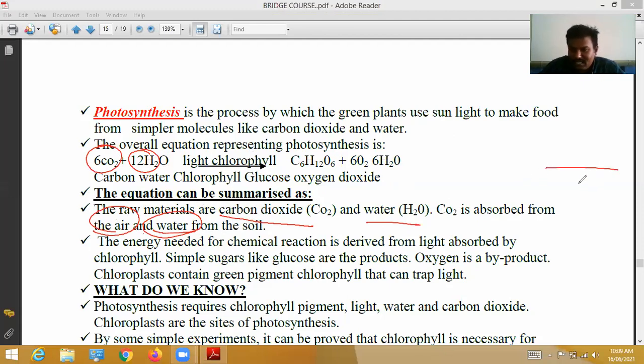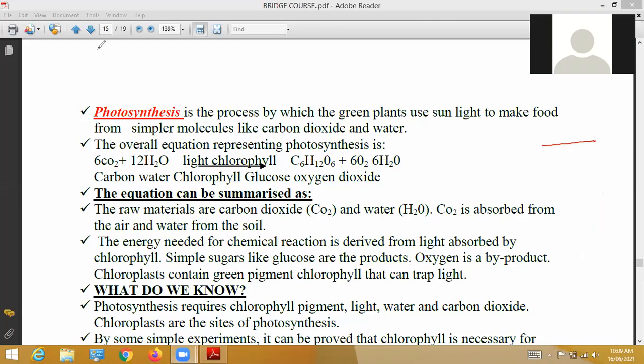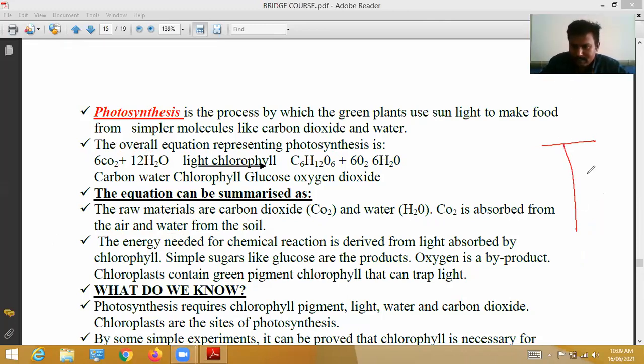Okay, water, generally, this is the soil. In the soil, there is the taproot system. These are root hairs.